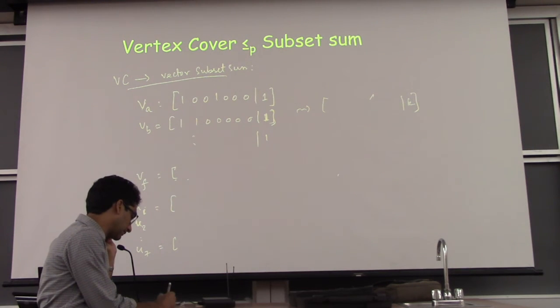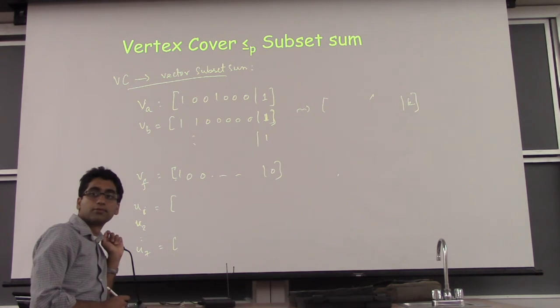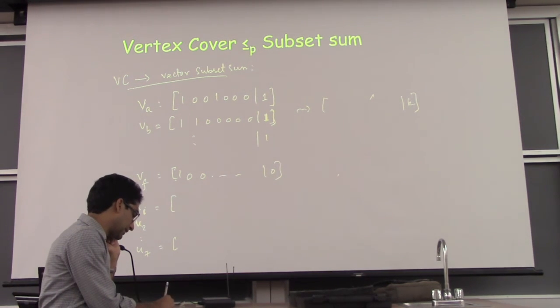It's 1 with all zeros, and even the last element is 0. So that's the key difference. The last element is 0.